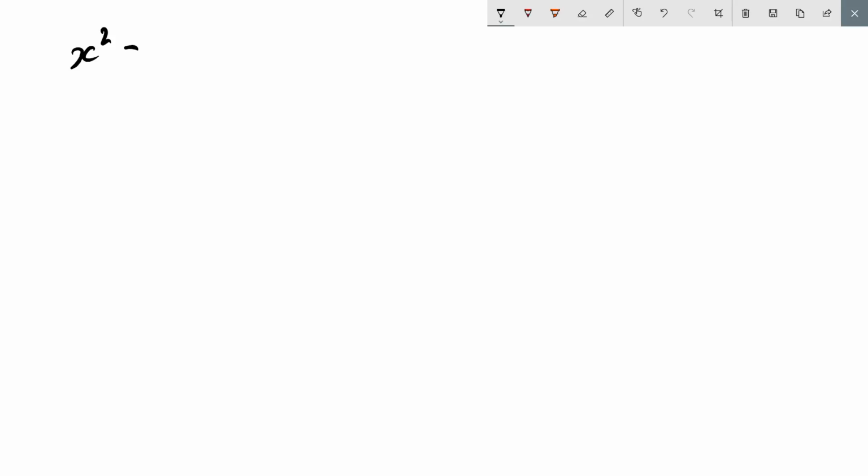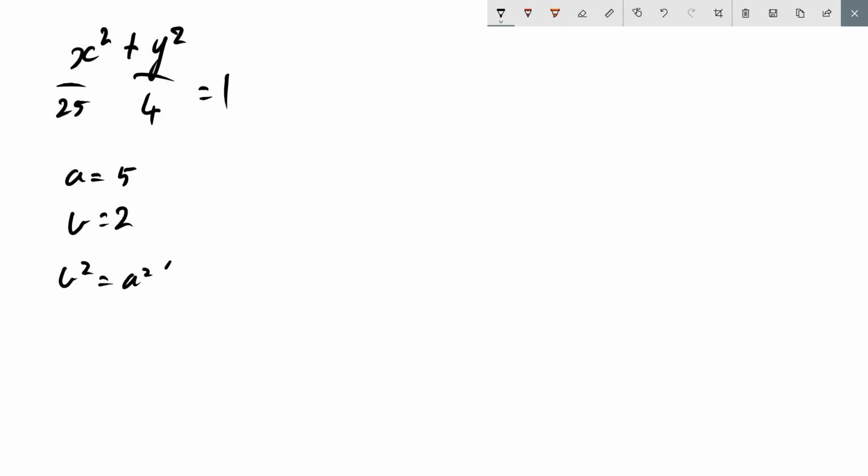X squared over 25 plus y squared over 4 equals 1. So a is going to equal 5 and b is going to equal 2. So if b squared equals a squared lots of 1 minus e squared, 4 is going to equal 25 lots of 1 minus e squared.